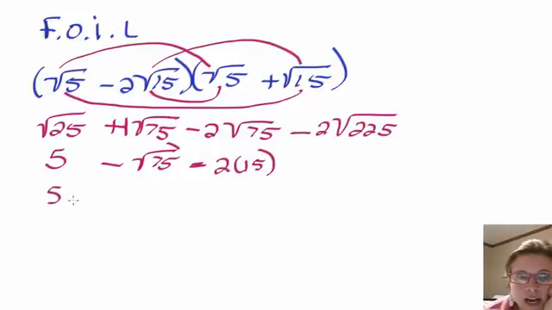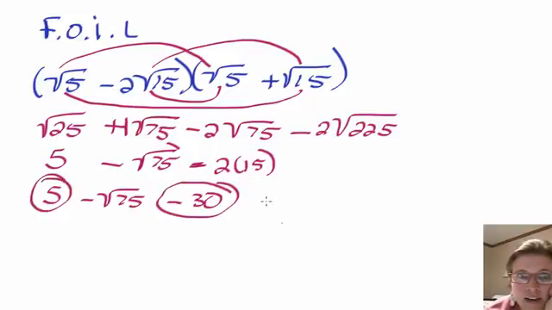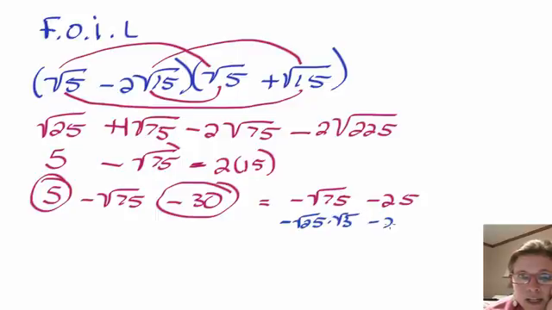So we have 5 minus the square root of 75 minus 30. Okay, well, we can combine the negative 30 and the 5. So we have negative square root of 75 minus 25. Okay, well, the square root of 75, now these are long problems. The square root of 75 is the square root of 25 times the square root of 3. Minus 25.